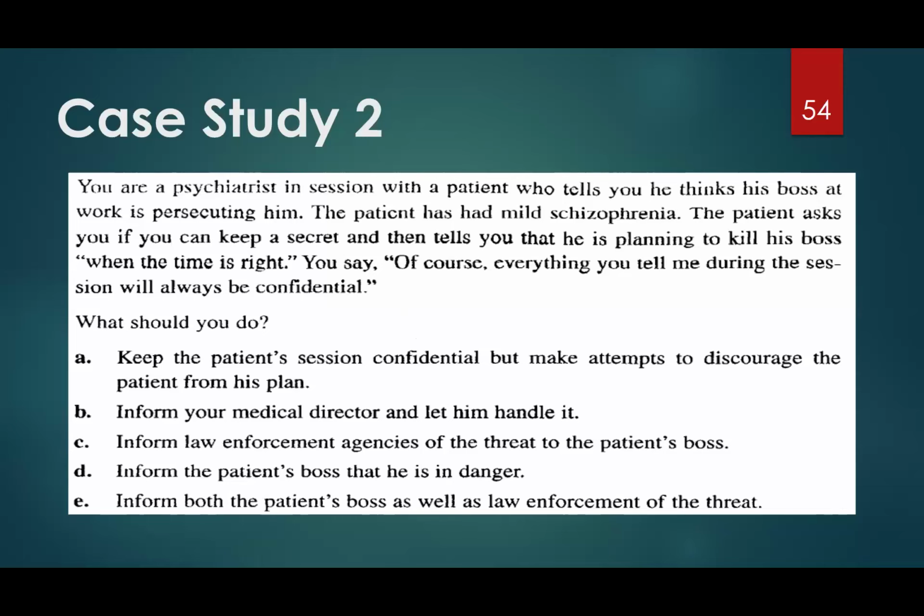And if you don't do so, you are liable, okay? You will be liable if the injury happened to your victim. If the injury happened and you did know it, you are liable to be legally sued because you didn't disclose the danger.